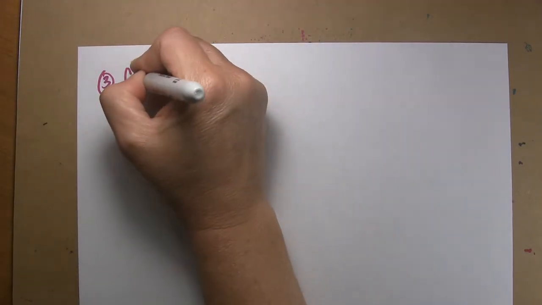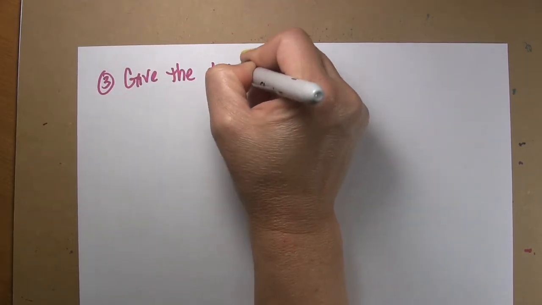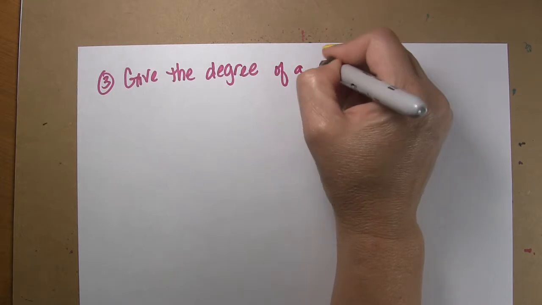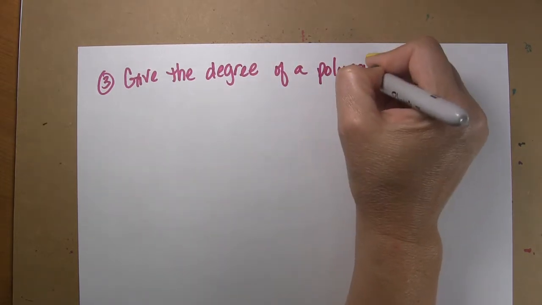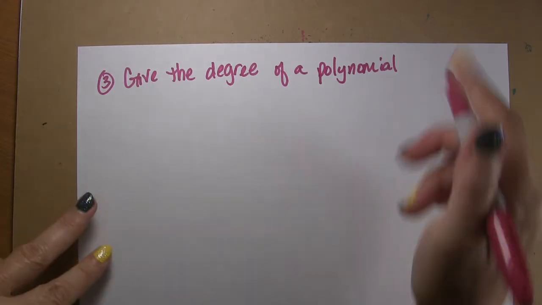Okay, one more thing to learn in this video, and that is how to give the degree of a polynomial. And for this, we are going to keep life pretty easy.